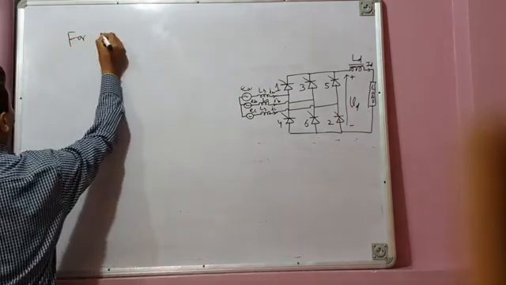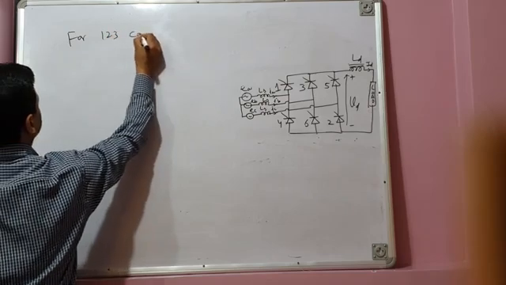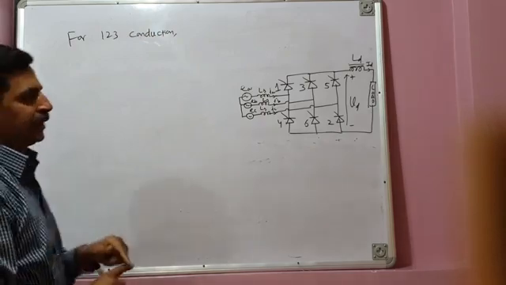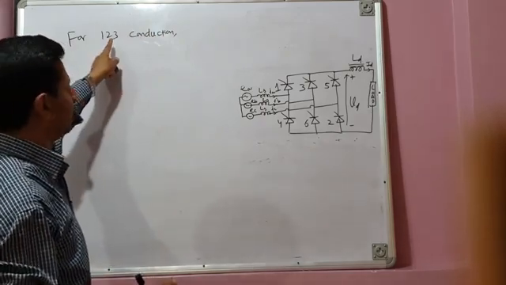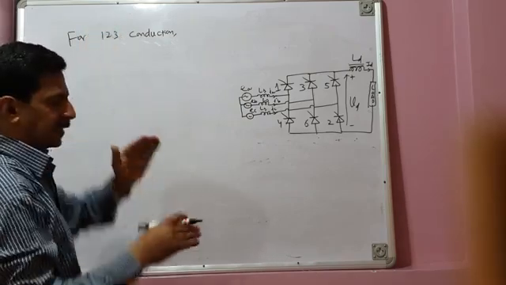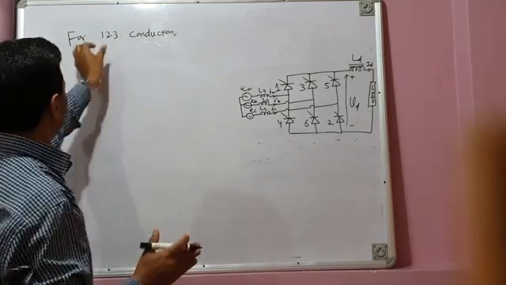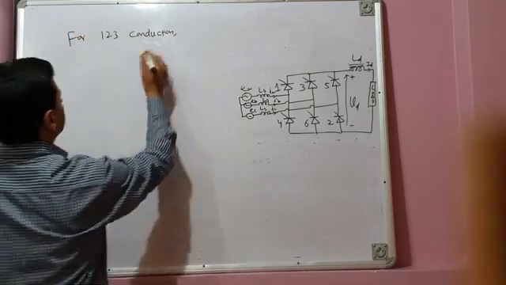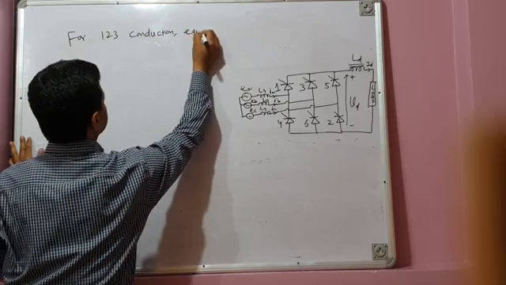Earlier 2 valves, 1 and 2, were conducting, and now 3 valves, because 3 has been fired. Commutation between 1 and 3 continues during U electrical degrees. So during this U period, 3 valve conduction is there. So for 1, 2, 3 conduction, let us draw the equivalent circuit.